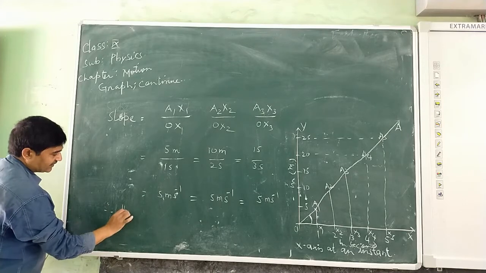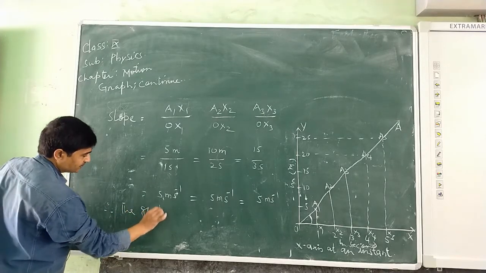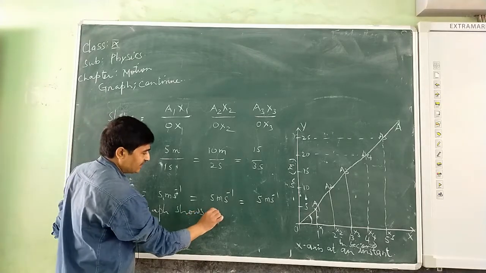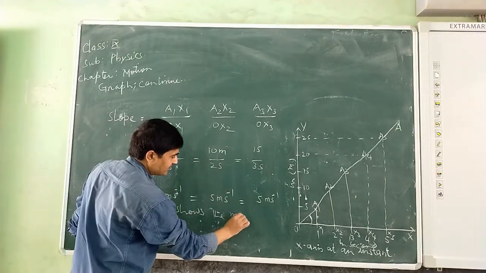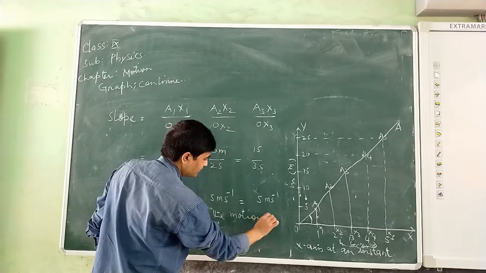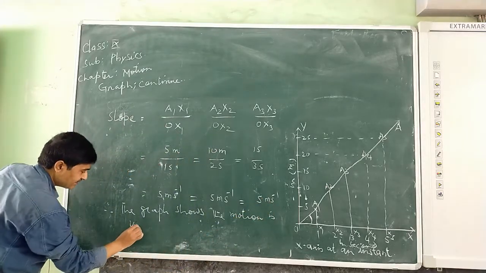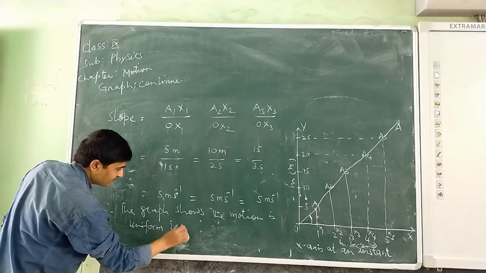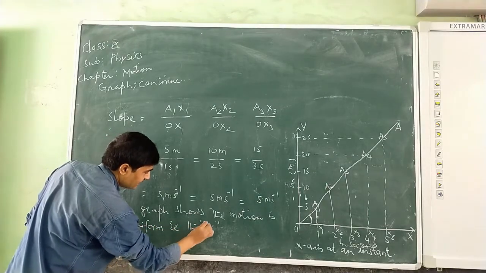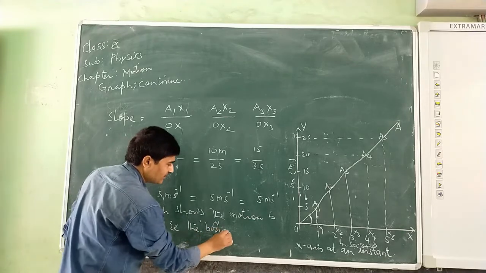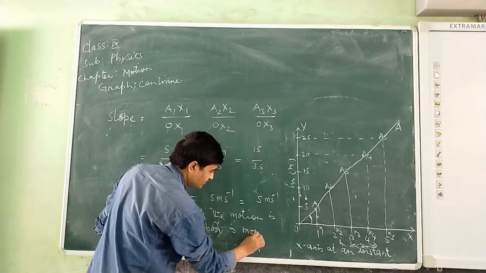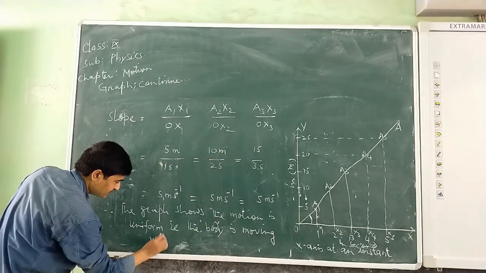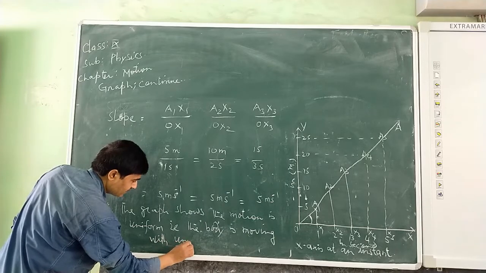Therefore, the graph shows the motion is uniform, that is, the body is moving with uniform speed.